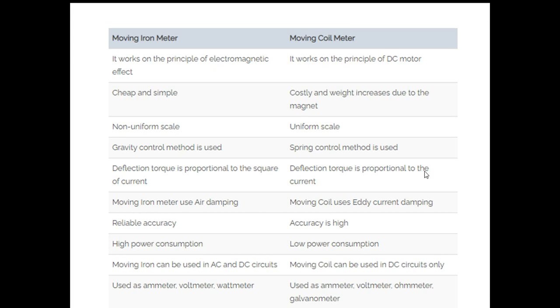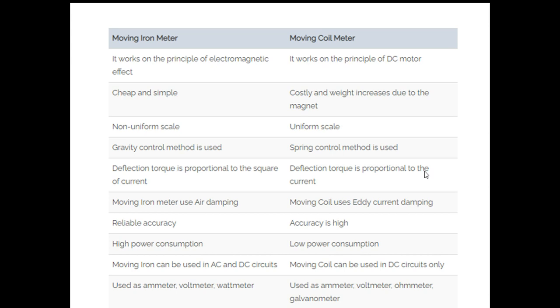In moving iron, the scale is non-uniform. In moving coil, it is a uniform scale. In olden days, in the moving iron instrument, the gravity control method was used. Here, the spring control method is used.